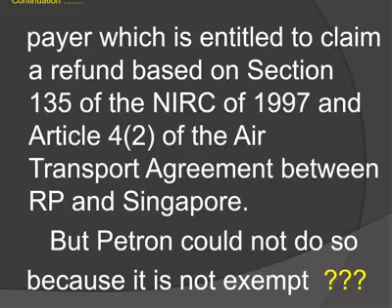So, for example, if PAL, which is the national carrier of the Philippines, goes to Singapore, loads gasoline in Singapore, or buys goods for its duty-free shop, then it is exempted from the payment of any tax imposed by Singapore. By the same token, under the same agreement, if a flag carrier of Singapore, such as Silk Air, buys aviation gas in the Philippines, or other items, it should not also be subject to the payment of taxes. That's the issue there.